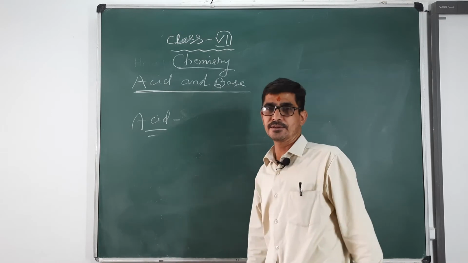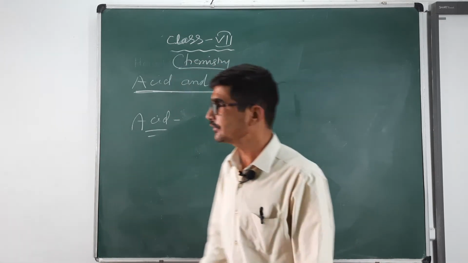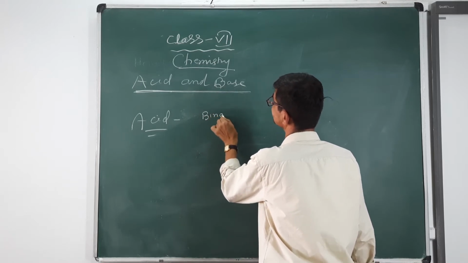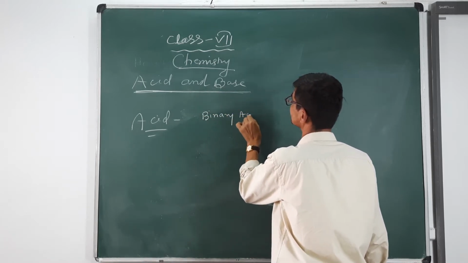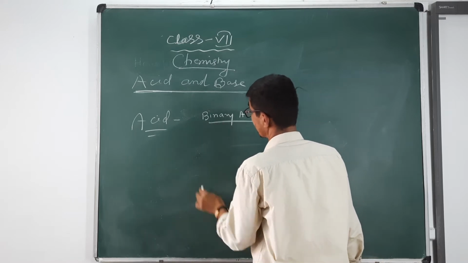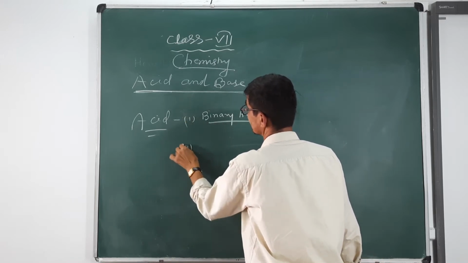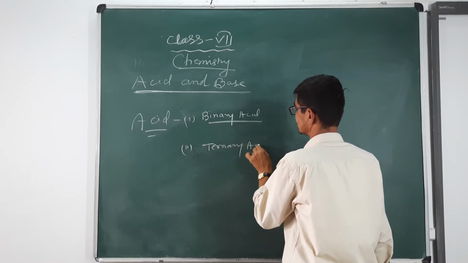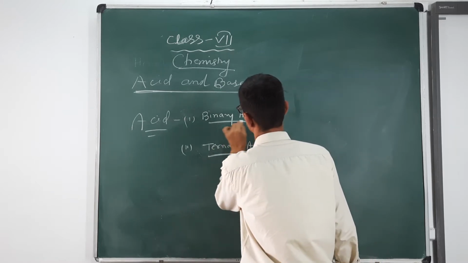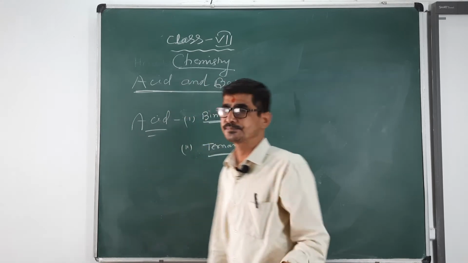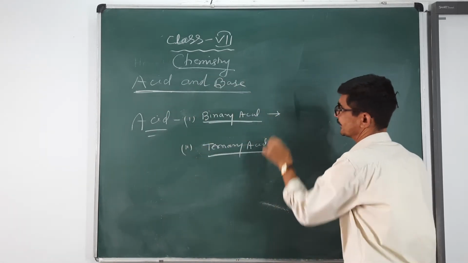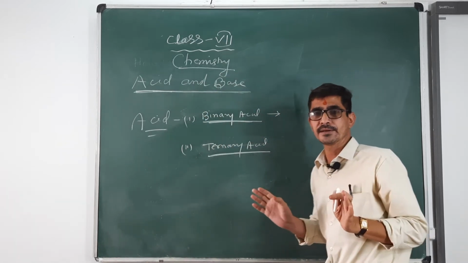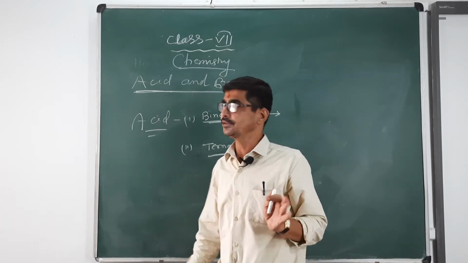Now, based on the number of elements, acids are of two types: binary acid and ternary acid. Binary acid is one which consists of two types of elements.